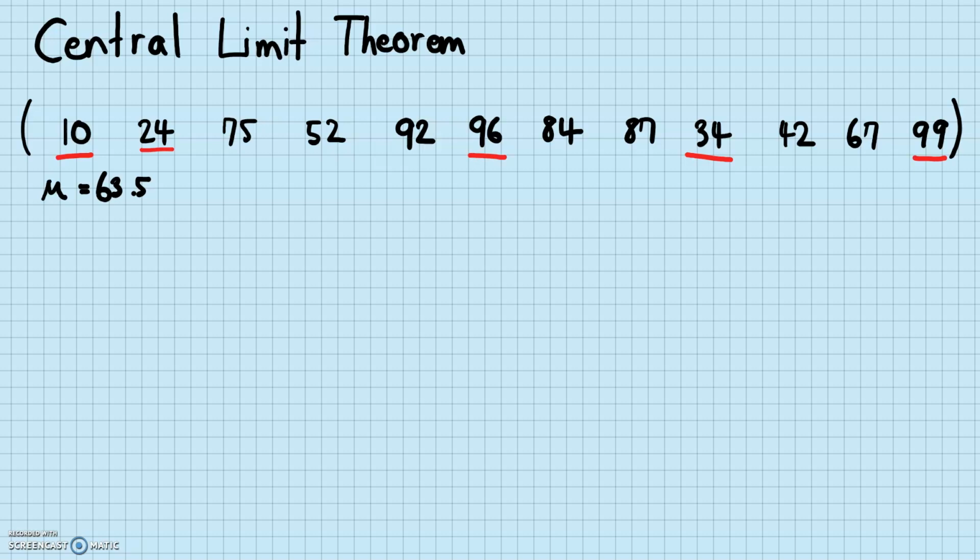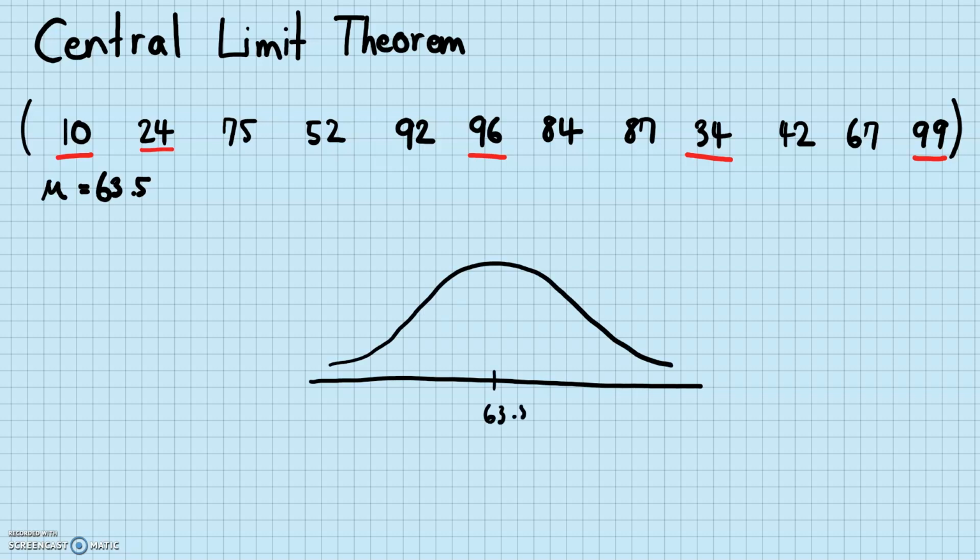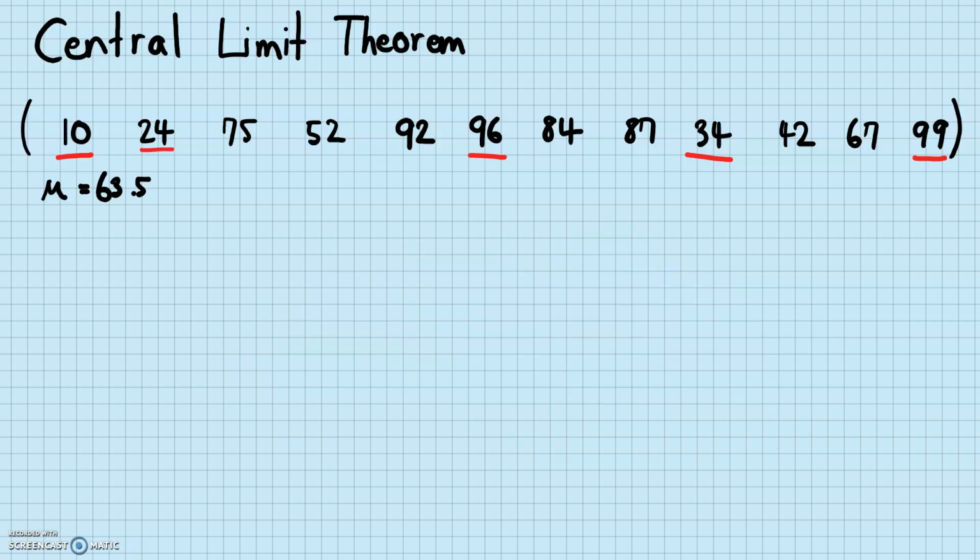And if you draw this on a normal distribution-ish looking graph, the mean is going to be in the middle. Actually, let me draw this graph a little bit smaller to compare with the other graph that I'm going to draw. Okay, so the mean is going to be in the middle, and scores are pretty much all over the place right now.